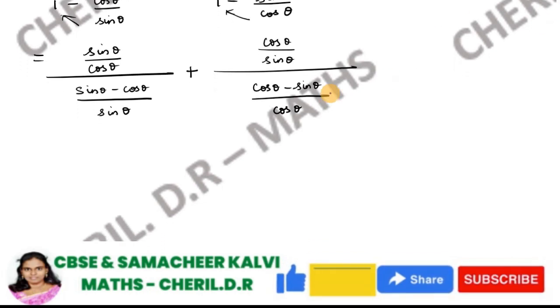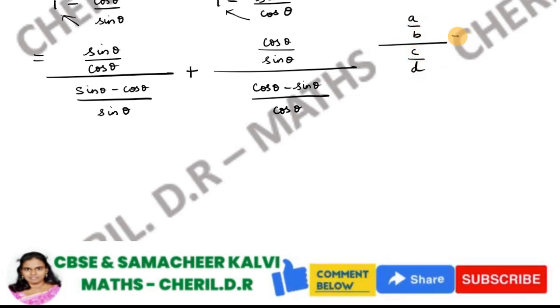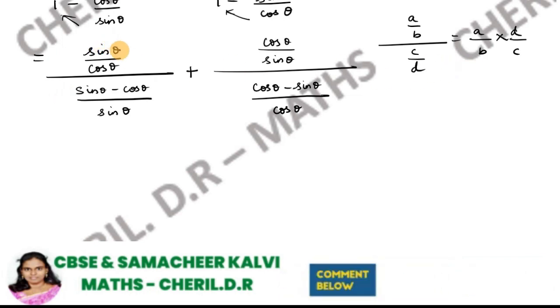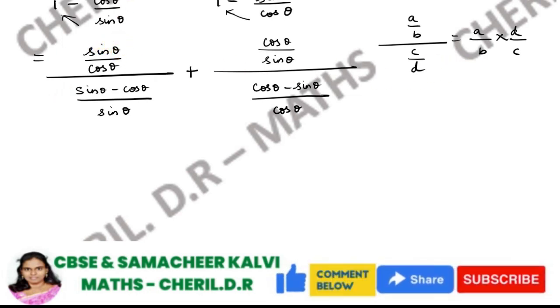Got it? Okay. So now this is of the form A by B by C by D. How will you write it? A by B into D by C. Isn't it? So here, what is A, what is B, what is C, what is D? We'll just see here.